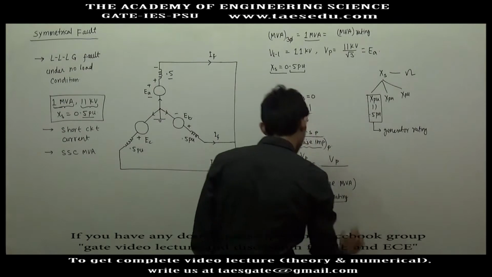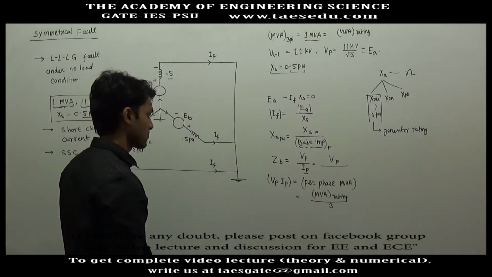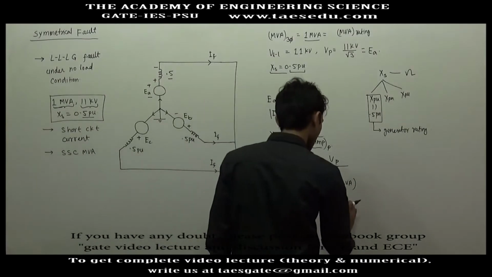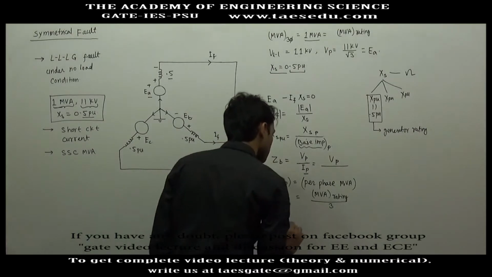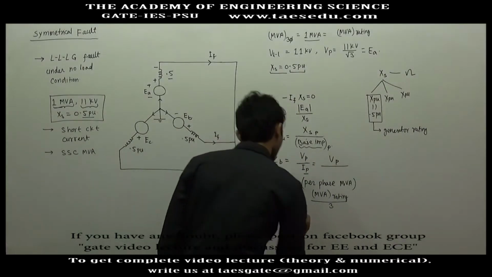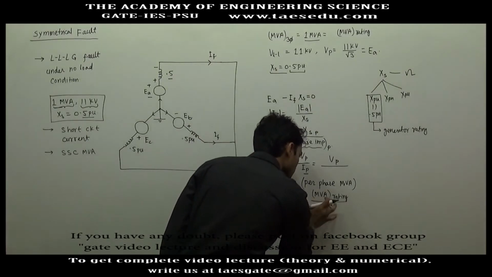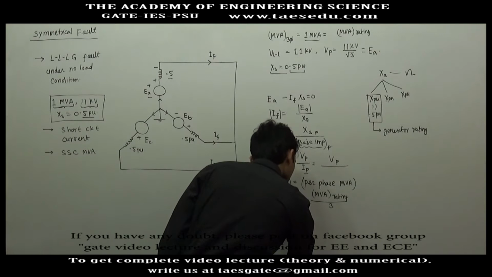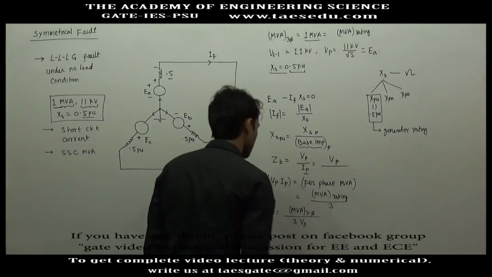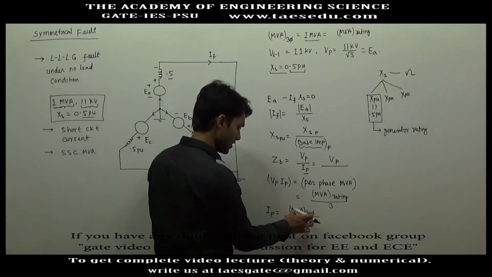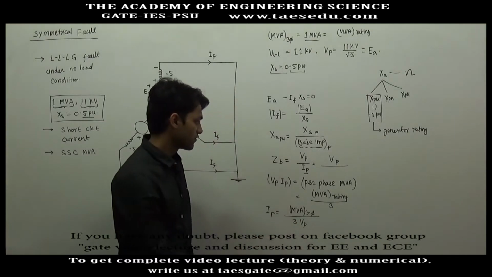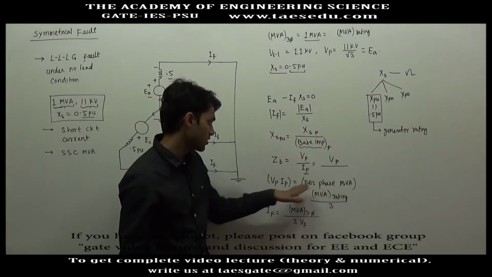So what will be the base value of phase current? The three phase MVA divided by 3 will give you single phase MVA, and single phase MVA is equal to Vp into Ip.